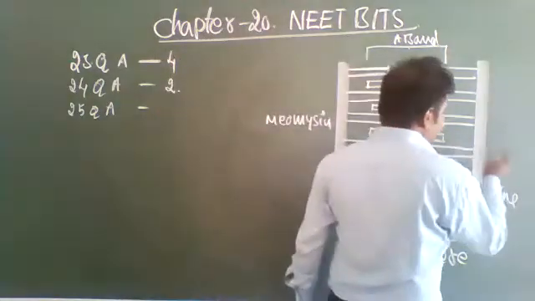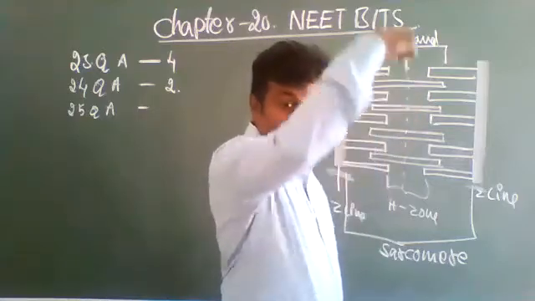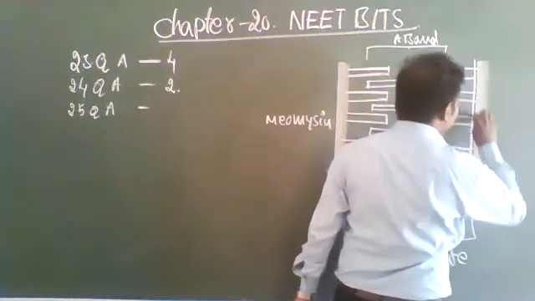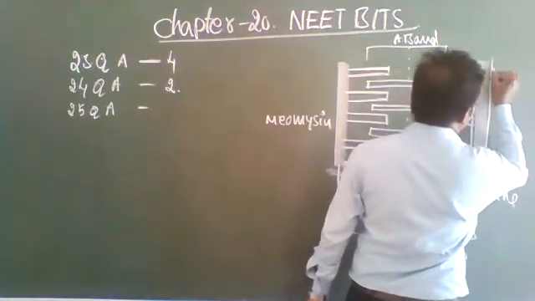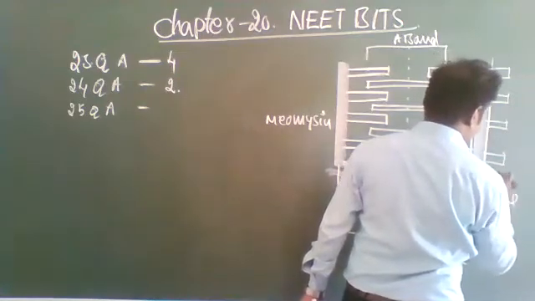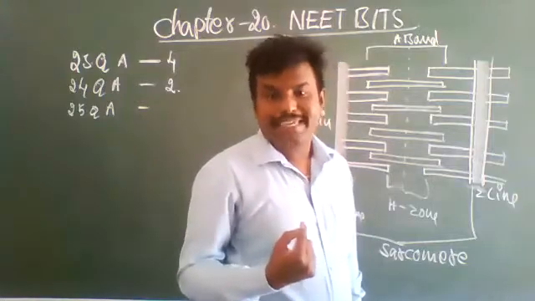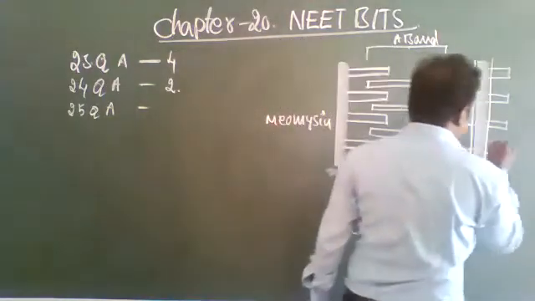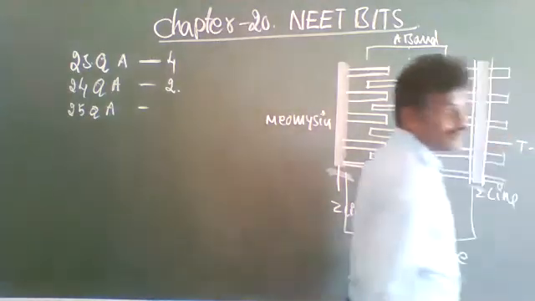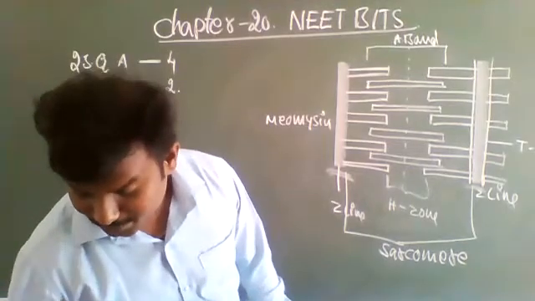See, on either side of the Z line, there are small lines invaginated, inserted. These small lines are called T tubules.